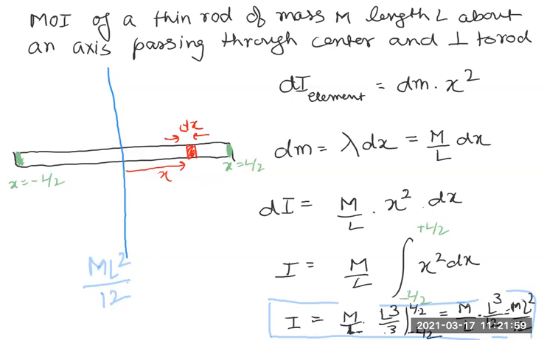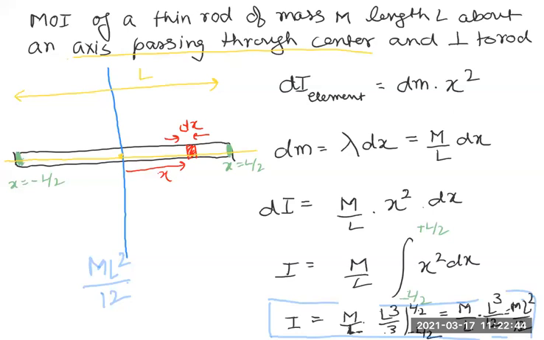So this is 0. Okay, this is like the x-axis only. This is 0. And we know that the length of the rod is L. And if the axis is passing through the center, this means that the axis must be dividing the rod into two, right? You must understand this. If the axis passes through the center of a rod, then by definition, by common sense, it must divide the rod into two equal parts.